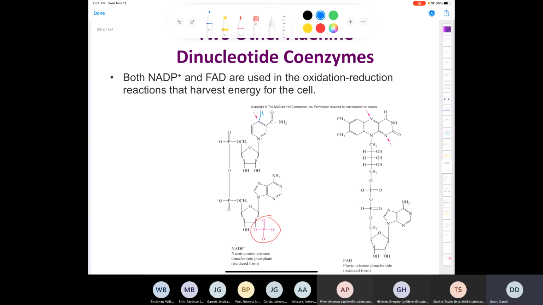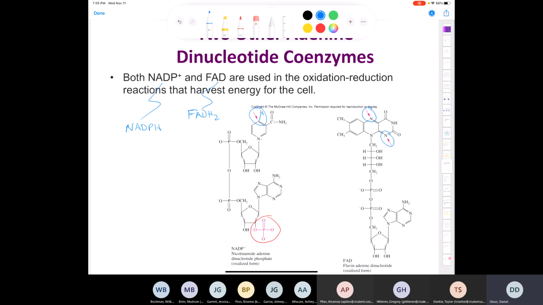This is where the reduction occurs. When FAD is reduced to FADH2, it adds a hydrogen here and another hydrogen here. And when NADP+ is reduced to NADPH, the hydrogen is gained here. People who have taken biology before have surely heard of the reduced form, NADPH, and the reduced form of FAD, which is FADH2.